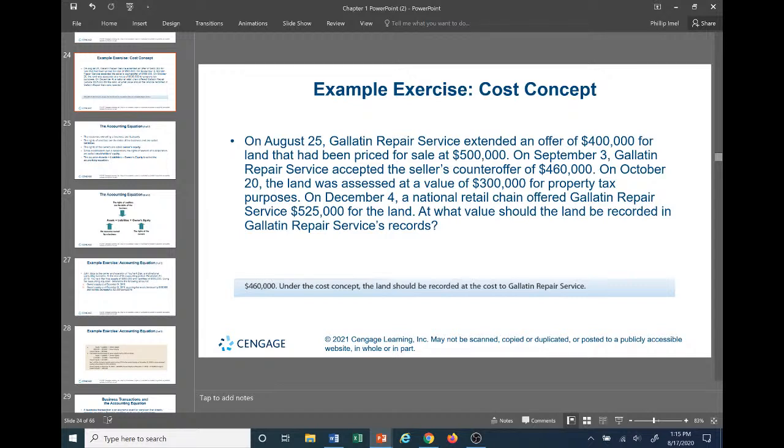And if you recall, all that other data is irrelevant other than the final agreed upon price, which in this case is $460,000. So that's what that land is going to be carried at on the books, right?